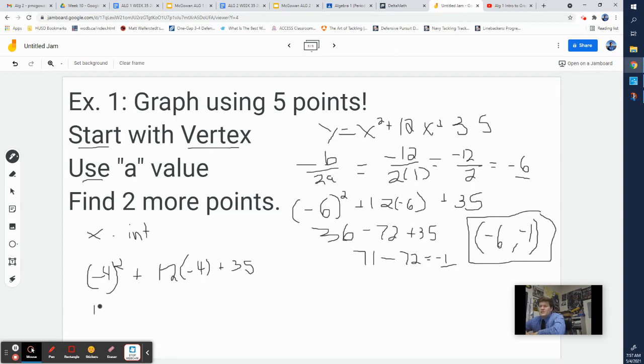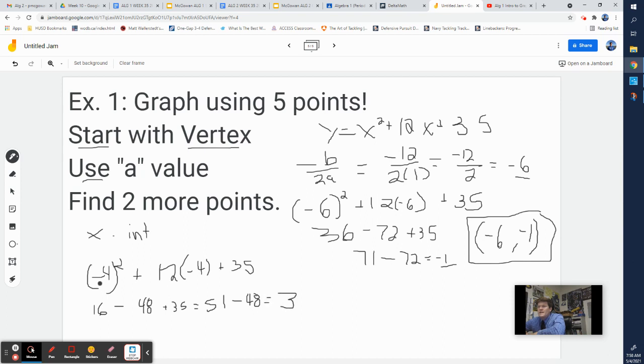Solving this thing, I get 16. 12 times negative 4 is negative 48 plus the 35. Let's go 16 plus 35 here. That makes 51, minus 48, which makes 3, right?